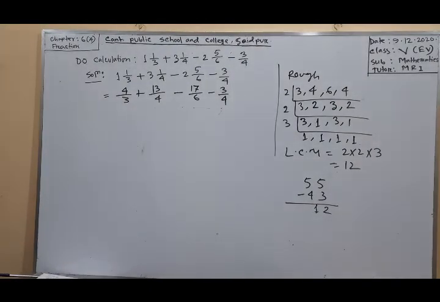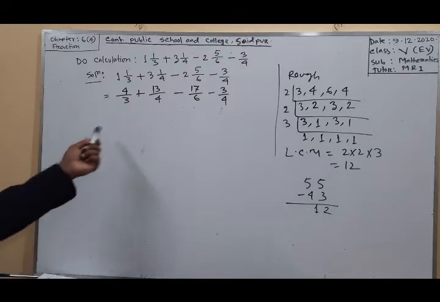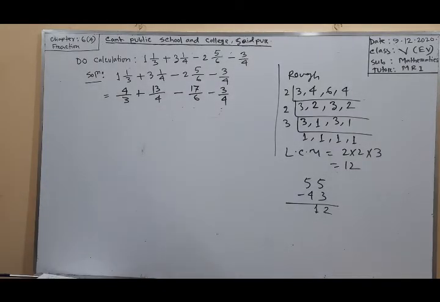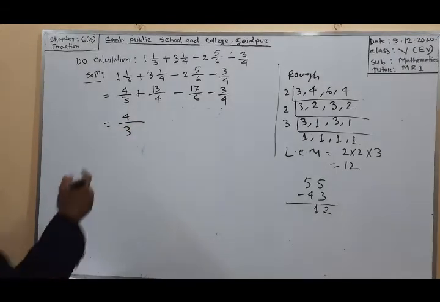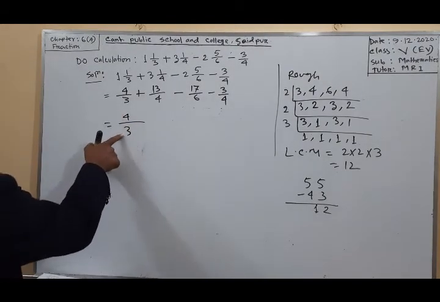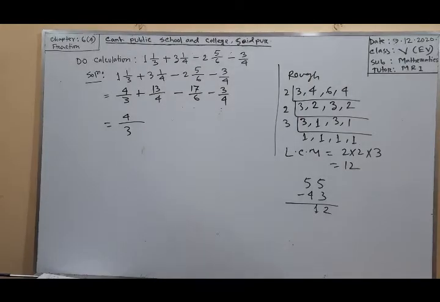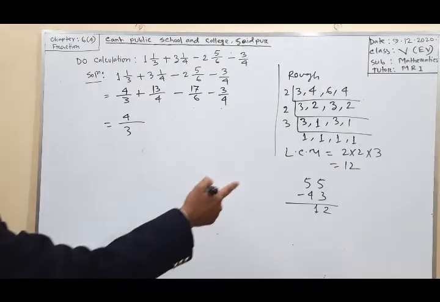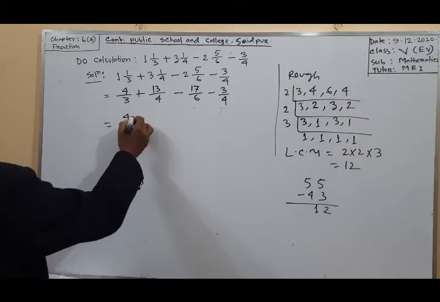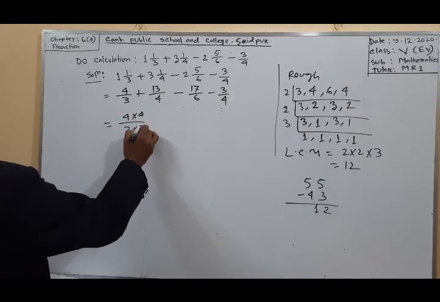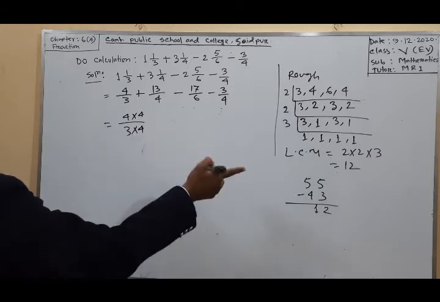So I will make all the denominators 12. Here the numerator is 4 and the denominator is 3. What number is needed to make 12? Multiply both numerator and denominator by 4, because 3 fours are 12.